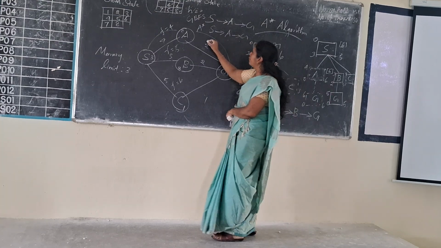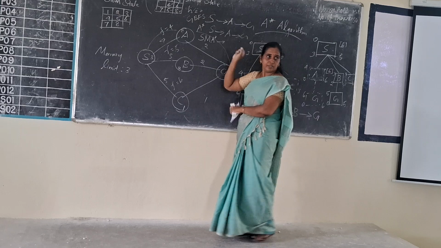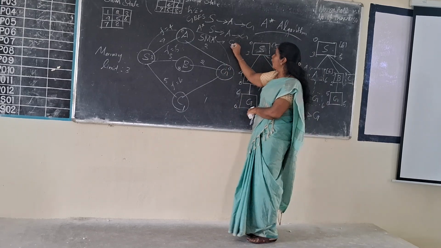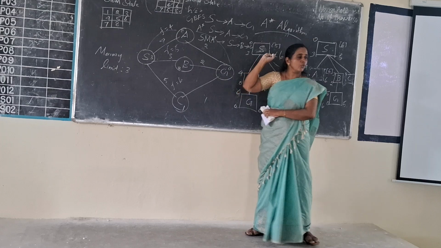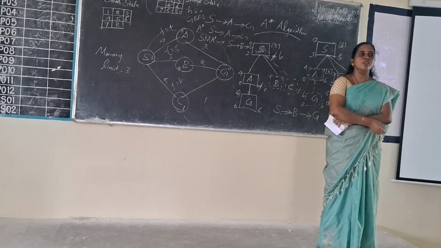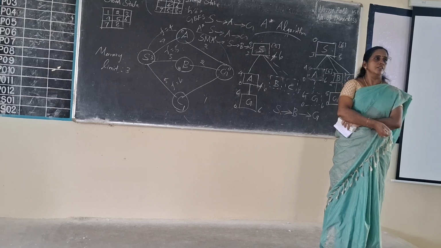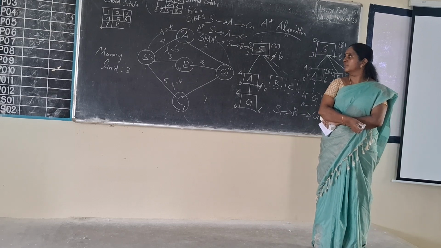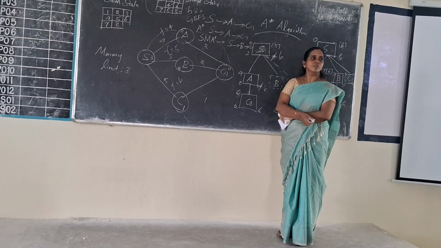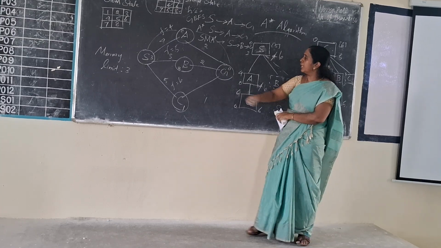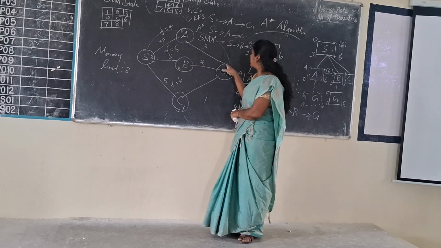But what is the solution for the simplified memory bound A star algorithm? S to B, B to G. So which algorithm provides the optimal solution? The optimal solution is this. When you consider the actual cost, this comes to 4 plus 2, 6, right?